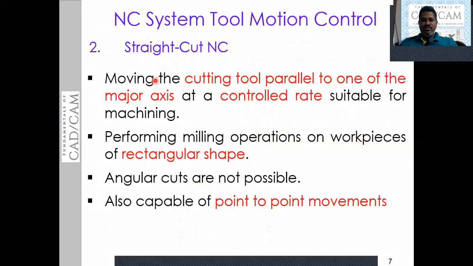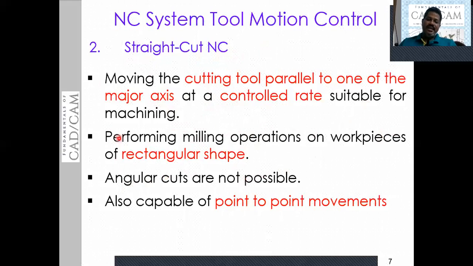This type of motion control is going to be used in milling operations on workpieces of rectangular shape. Angular cuts are not possible with the help of straight cut NC. As I said, the tool is going to move along the two major axes, that means maybe along the x-axis or maybe the y-axis.